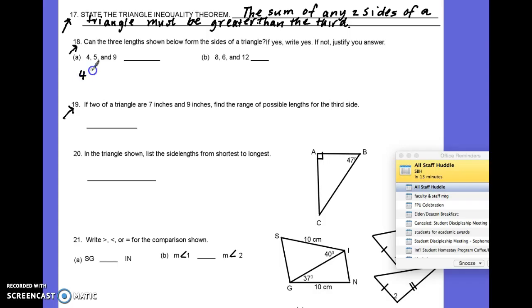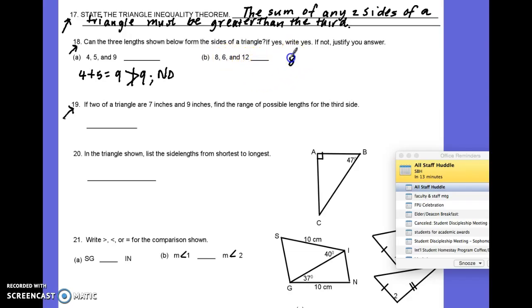Then we take the first two, 4 plus 5, we get 9. And since that sum is not greater than the third side length, which is 9, our verdict would have to be no, these three side lengths cannot form a triangle.